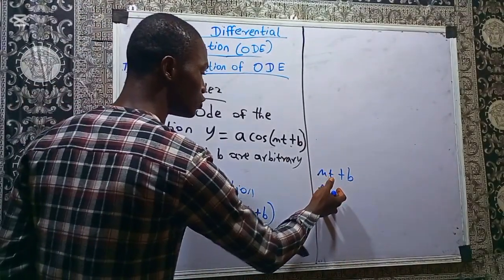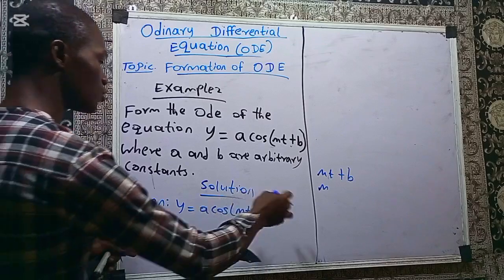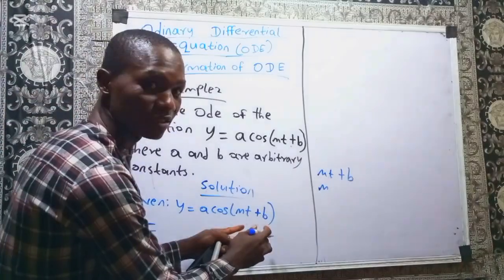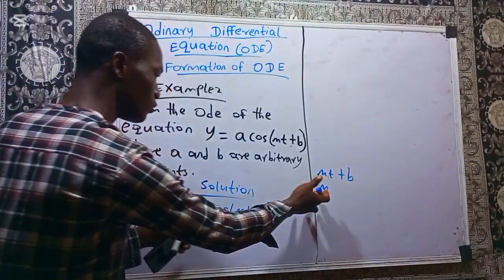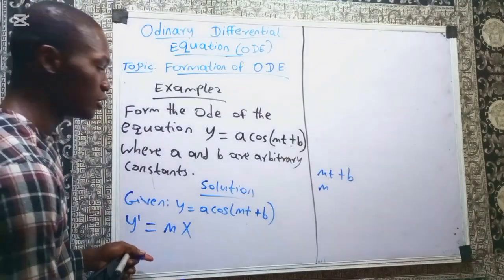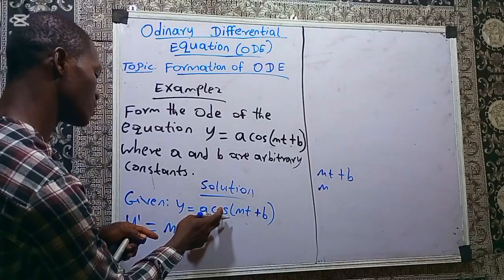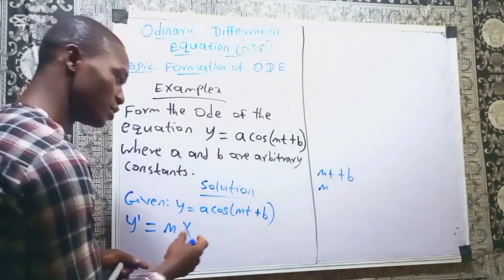What do you normally do? You use that m to multiply. So you differentiate the inside, which we have done. We got m. That's m multiplying. You now differentiate the trig. Differentiate cosine. What will you get? Negative sign.